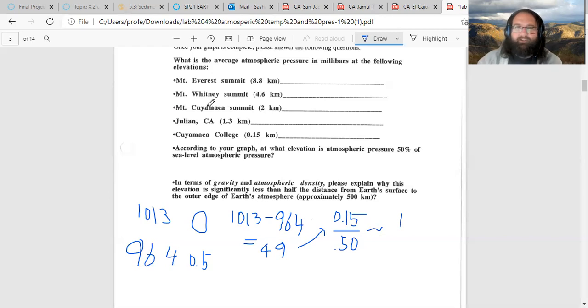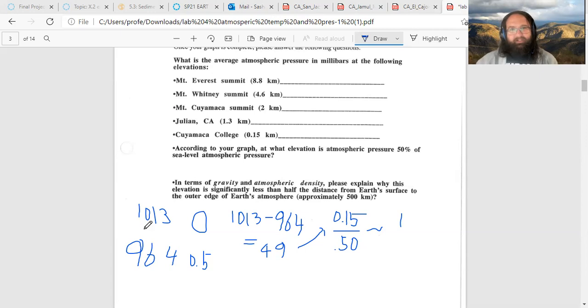Here, let's do the actual calculation on an actual calculator. I'm going to do that on my personal calculator. 14.7.